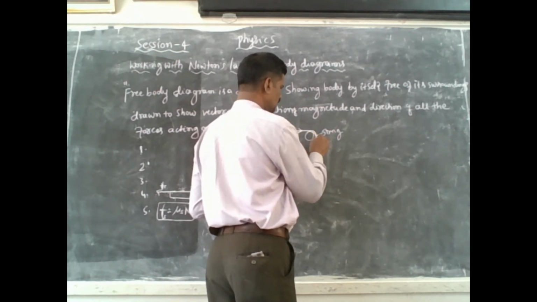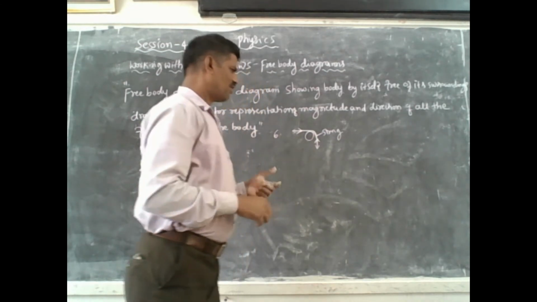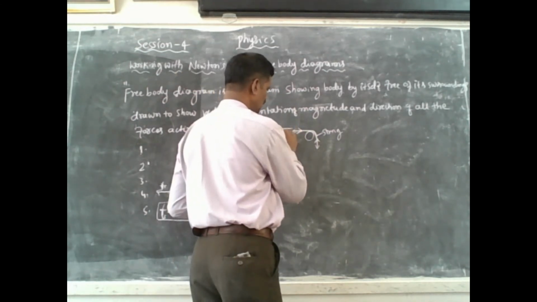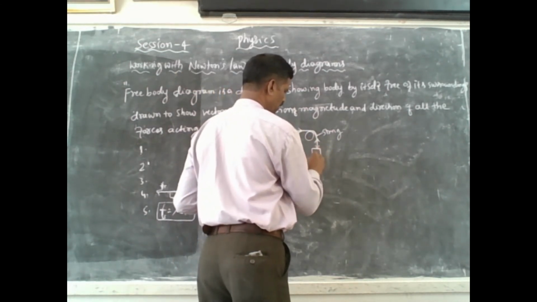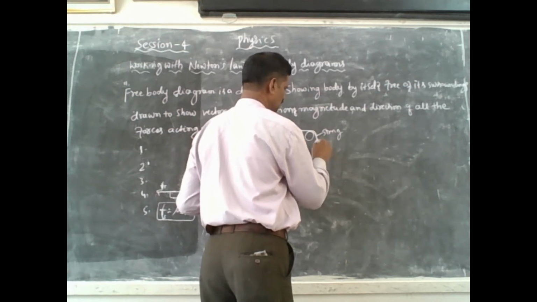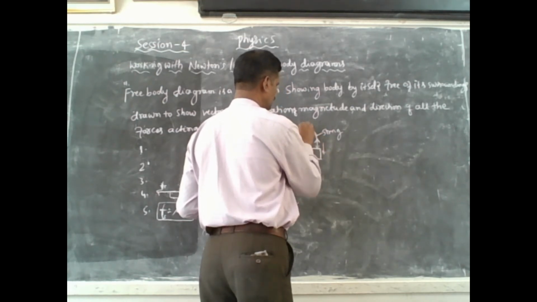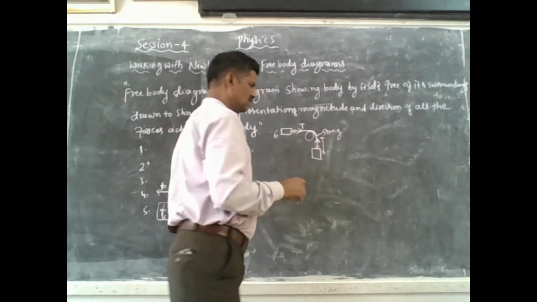Therefore, this is away from the bodies. So here is a body and here is another body, isn't it? Which is away from the body. This is known as tension.